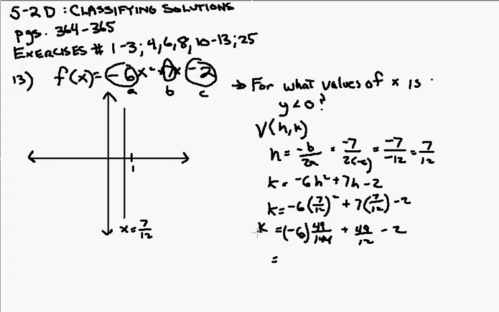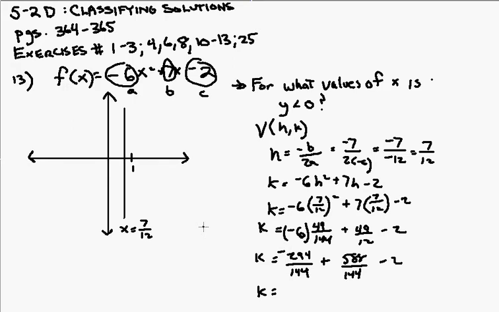So this is all k now. So k is equal to negative 294 over 144. And if I multiply 49 times 12, I get 588 over 144, minus 2. K is equal to 588, and that's a negative 294.